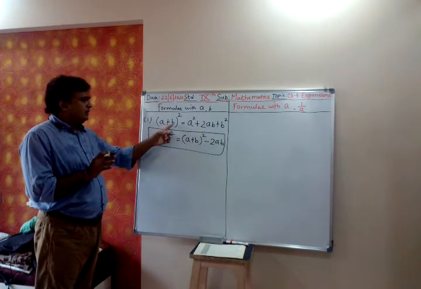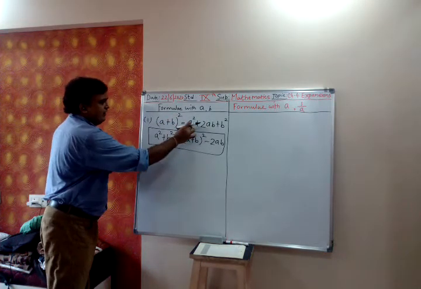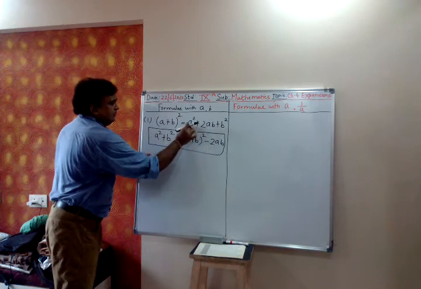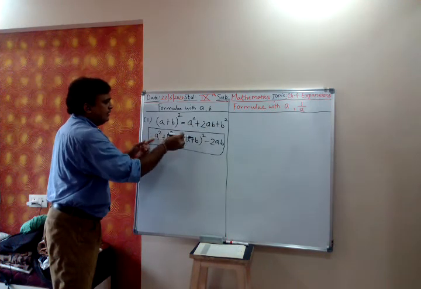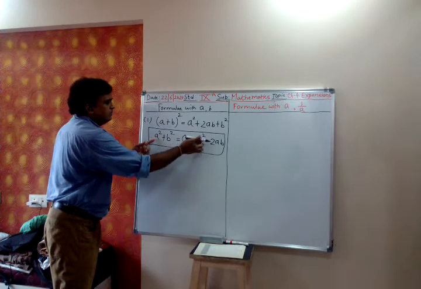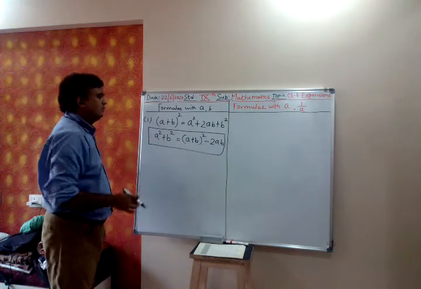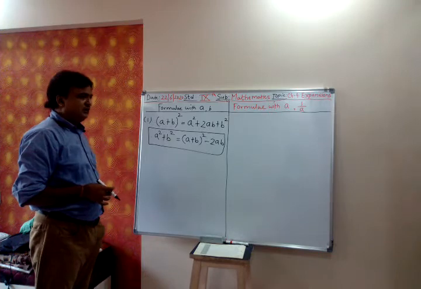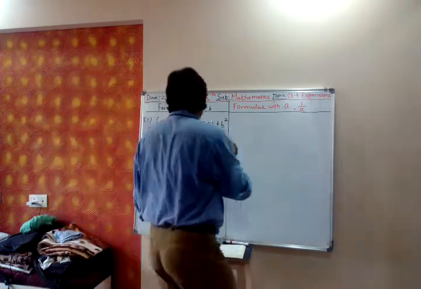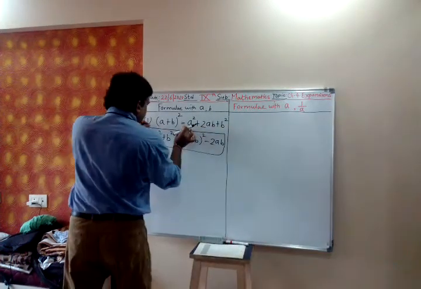So a plus b whole square minus 2ab is a square plus b square. So we have the formula for a square plus b square. I can directly write a plus b whole square minus 2ab.